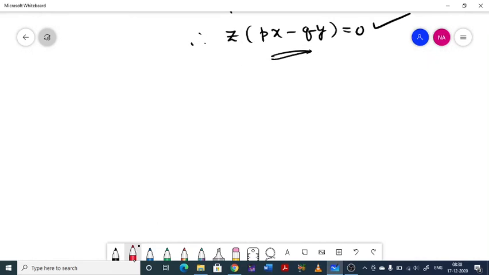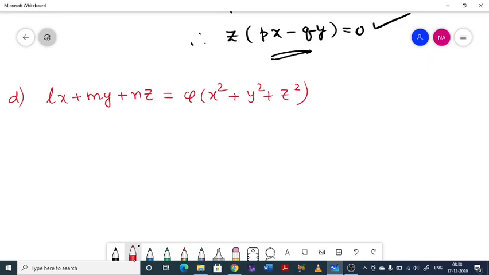Problem D: Lx plus my plus nz equal to phi of x square plus y square plus z square. So this is the given function. Let us do one thing.